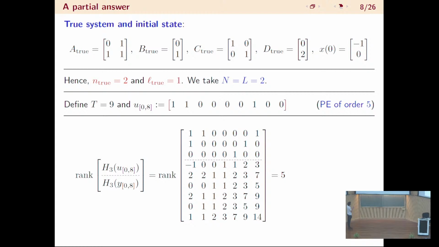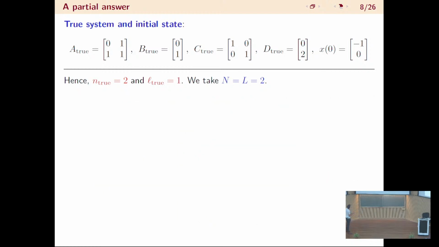And my input-output Hankel matrix is the one that we have over here. We can again compute the rank of that input-output Hankel matrix, and that turns out to be 5. From there, I can actually deduce the true state space dimension of the system.